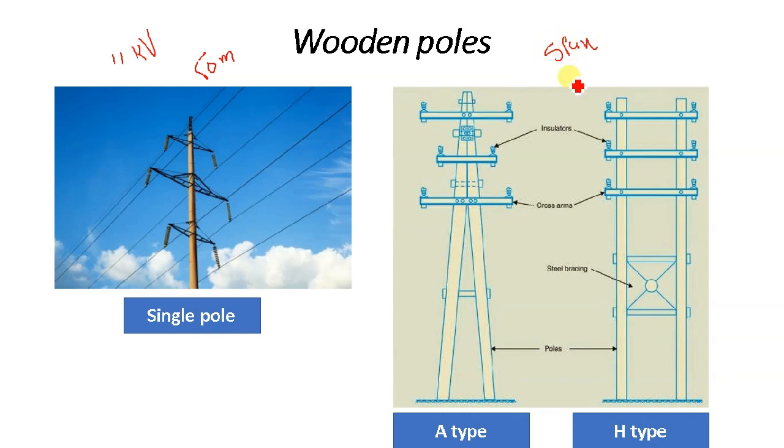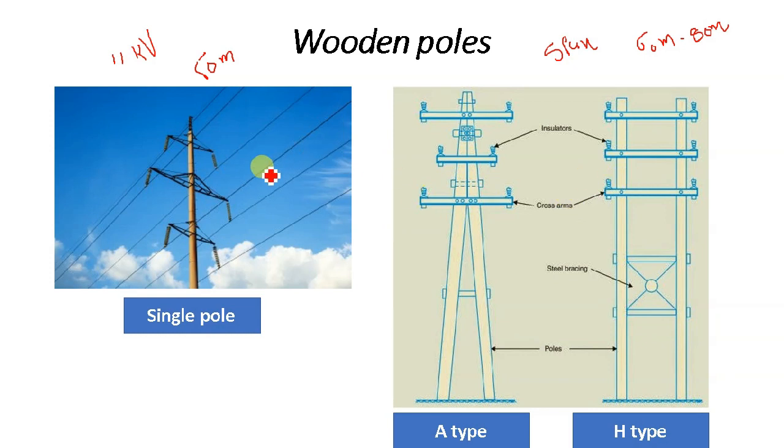So the span for A-type or H-type structure will be somewhere around 60 to 80 meters. Just keep in mind that it will be 60 to 80 meters, and these structures are generally used for low voltage, or 11 kV or more.